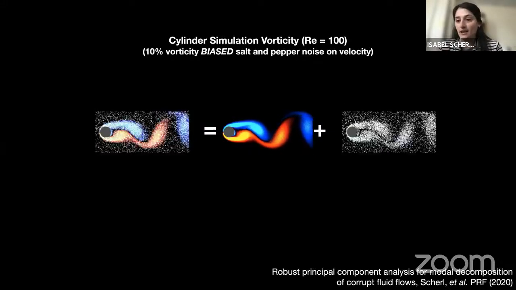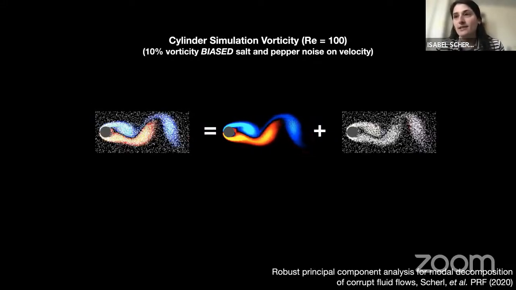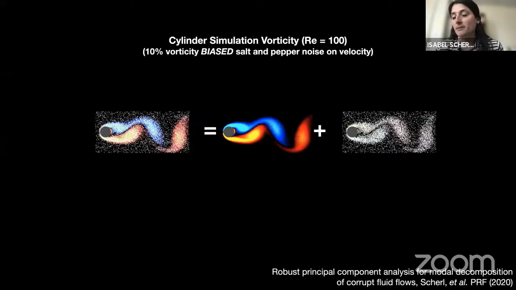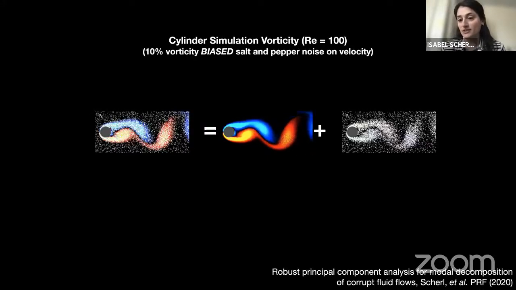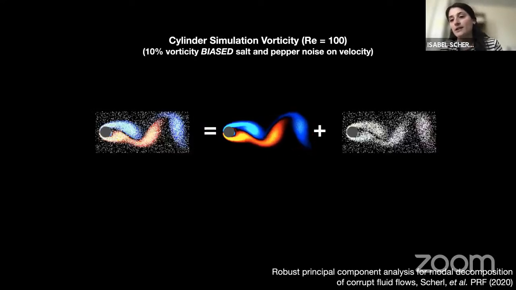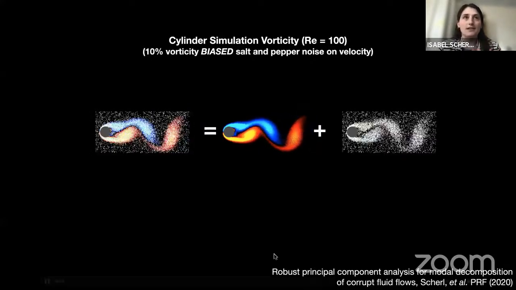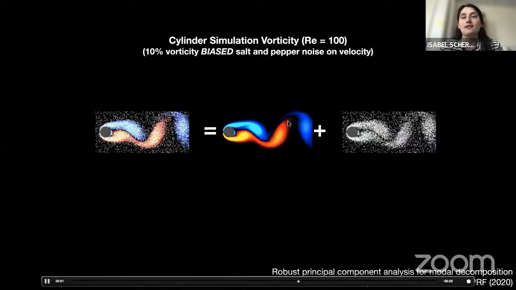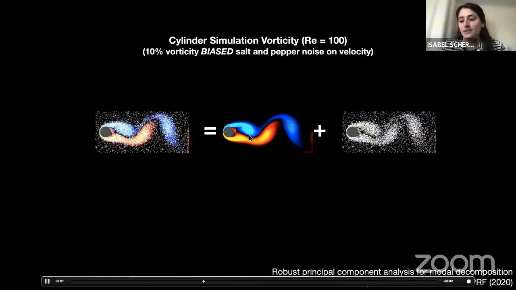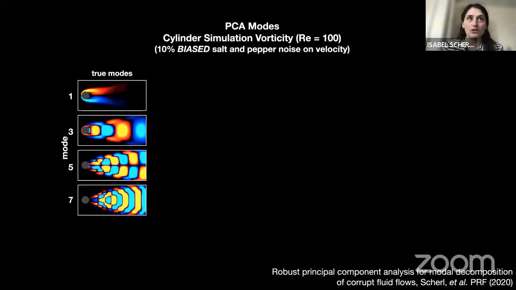And this is great, but what we wanted to see wasn't just noise reduction, it was looking at pattern recognition or modal decompositions. So if we do a PCA modal decomposition on both the data matrix and the low rank structure, this is what we see. These are the true modes, our baseline comparison.